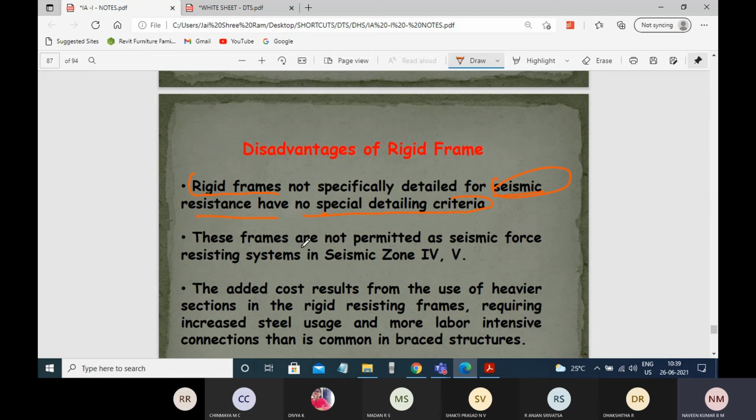And again, here also the frames are not permitted as the seismic force resisting systems in higher zone factors. So in those areas, this particular structural system is not suitable.